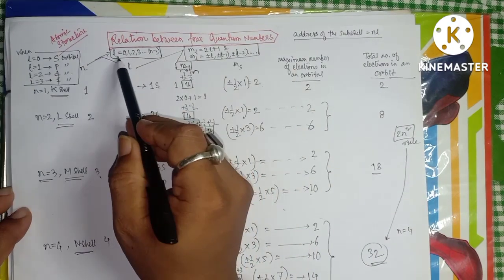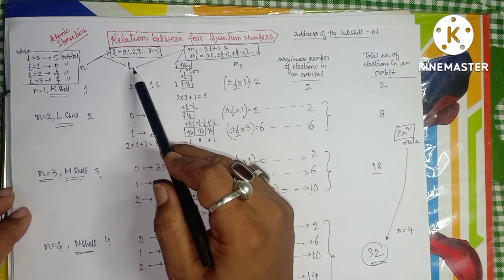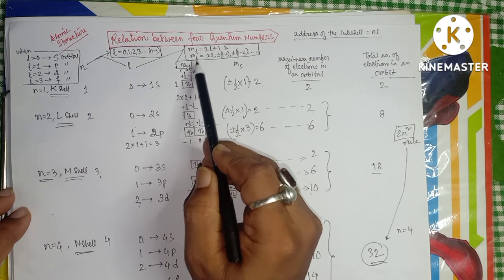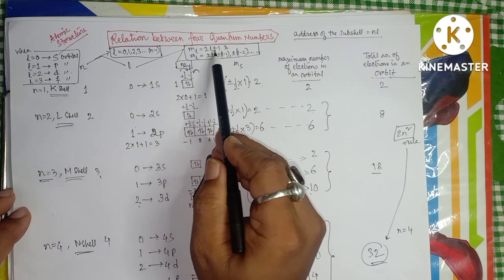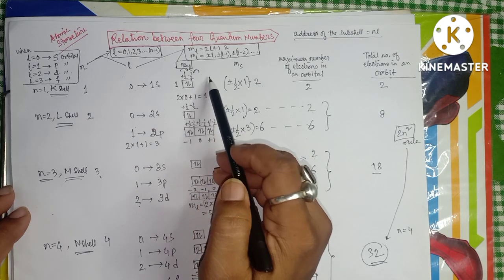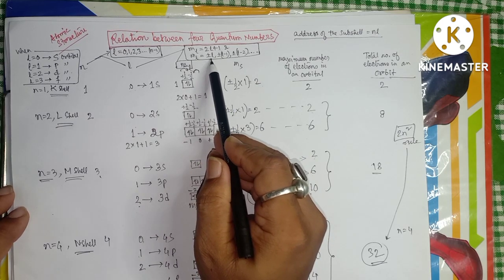So you understand, l is the azimuthal quantum number where n represents the principal quantum number, and the relation between azimuthal quantum number and magnetic quantum number can be followed by these two relations. 2l plus 1 represents the number of orbitals, and ml represents the number of l's.